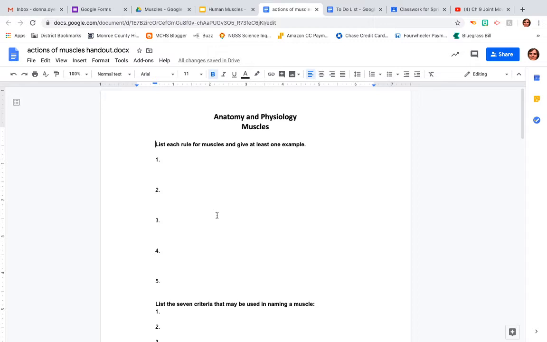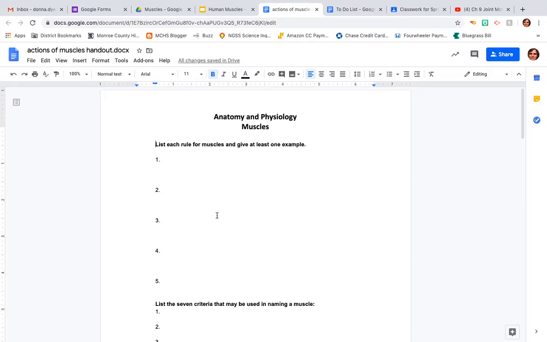Also, I will have copies of this at the high school. If you're one of the people that told me that you wanted paper copies of the materials, I will have copies of this at the high school where you can pick up. You can go in there and tell them that you're needing Miss Dyer's anatomy assignments or anatomy materials or notes or whatever, and they will get those for you so that you'll have those to use.